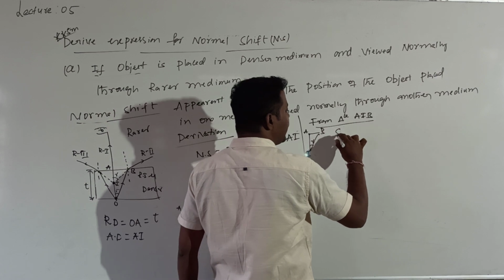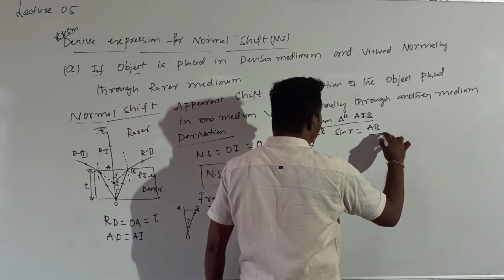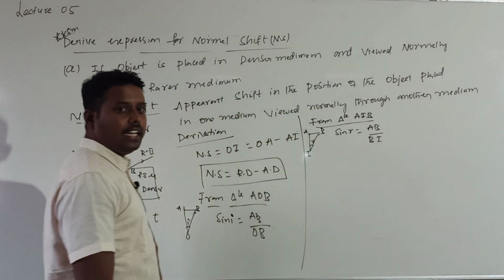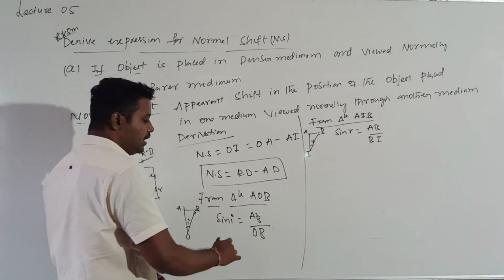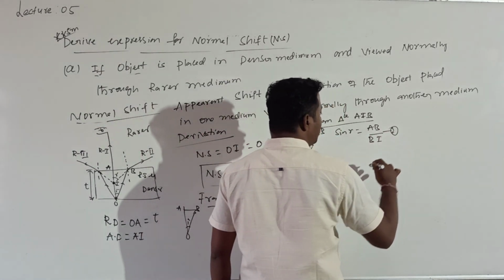So sin r is equal to AB divided by BI. This is equation 1, and this one is equation 2.